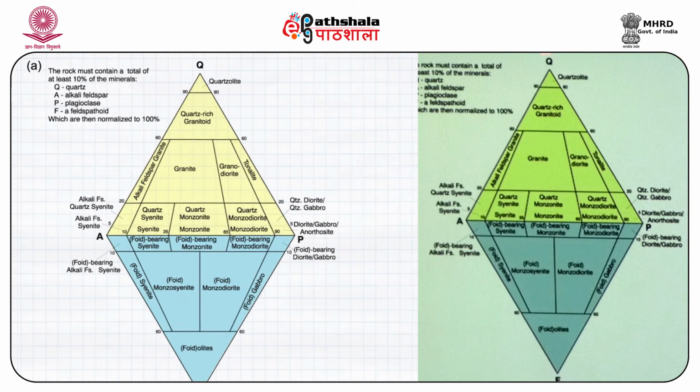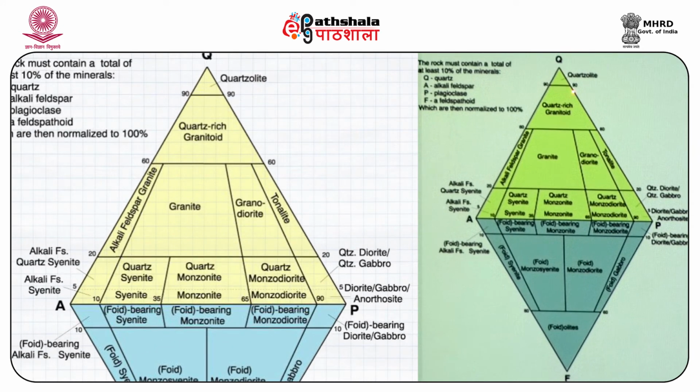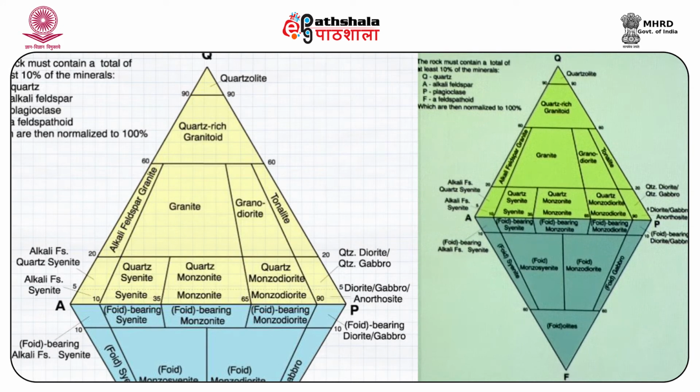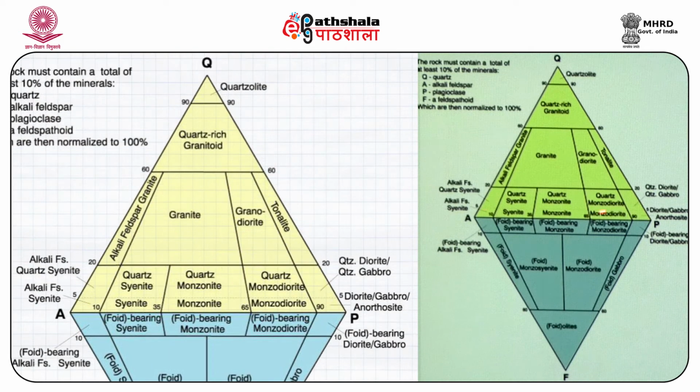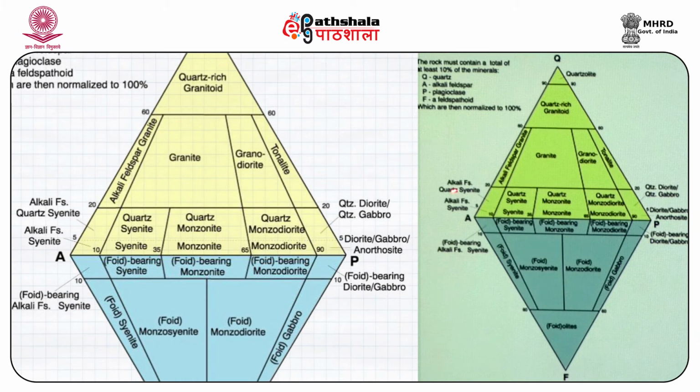So when it is quartz rich, we have quartz, alkali feldspar, potash, and these are the plagioclase, and then these are the feldspathoid. What we see is the more common minerals, and one side is quartz, another is feldspathoid. If you have a rock like granite, it will not have any mineral of the feldspathoid group in it. So this is the division.